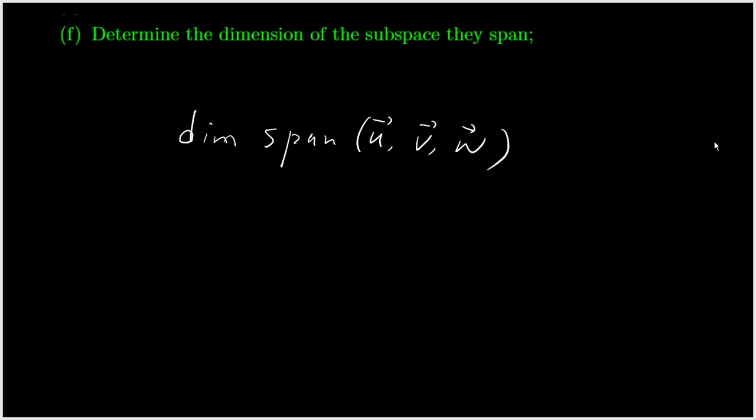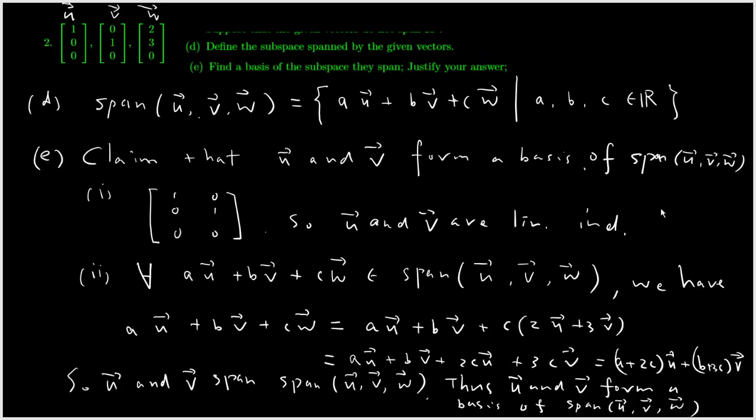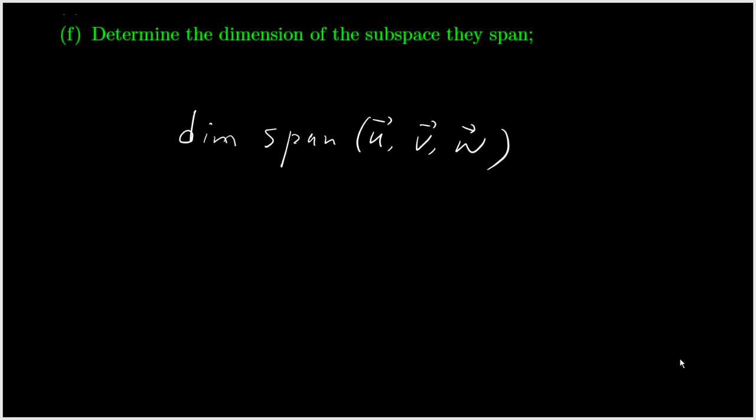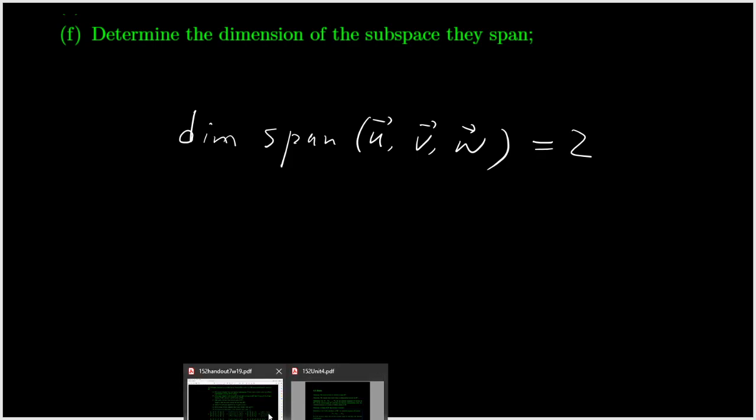So that's, no, actually that's 2, right? We just proved 2 vectors form a basis of the spanning set. I think we had a typo. So the dimension is 2. Because 2 vectors form a basis. Actually the spanning set is not the entire R3. The dimension is 2.